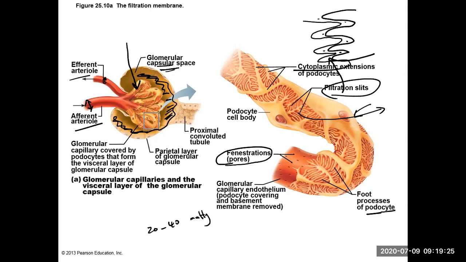Filtration is based on size. A majority of the things that are too large to pass can't, and they stay within the blood. The stuff that is small, ions, water, things like that, go into the filtrate now, and they are going towards the proximal convoluted tubule, the PCT, that we discussed.